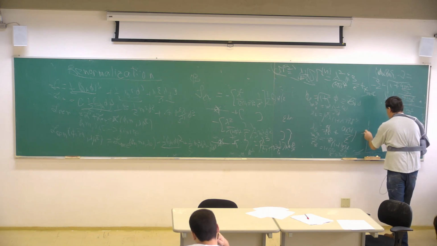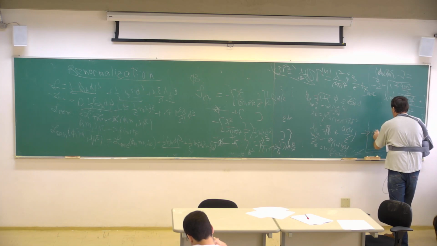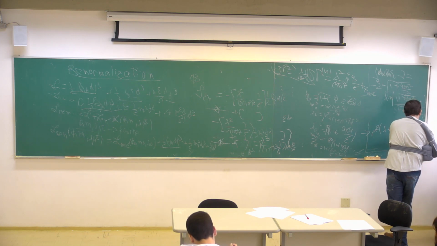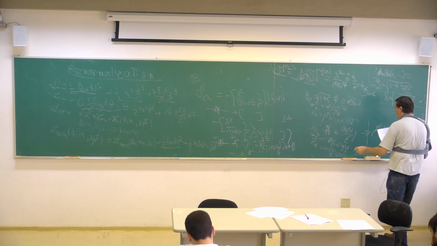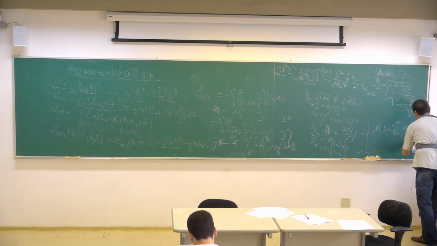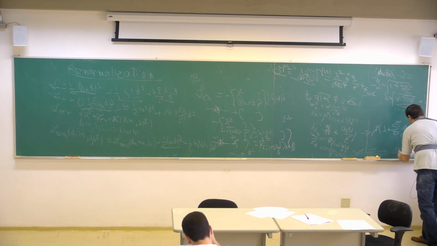So this generalizes to mu to the epsilon lambda plus the sum over k equal to 1 to infinity of ak of lambda over epsilon to the k, and so on, the other ones as well, the sum of bk over epsilon to the k and ck over epsilon to the k. Right?